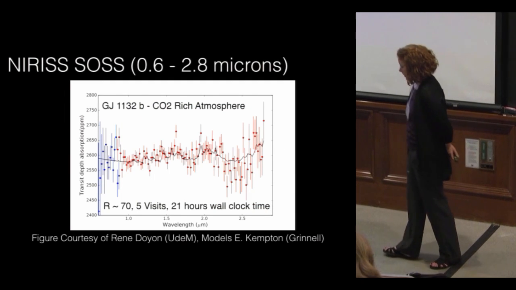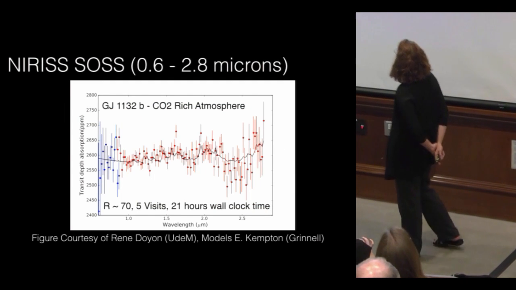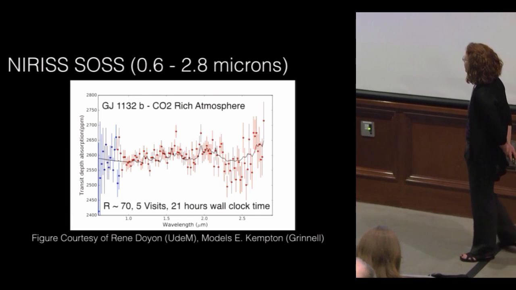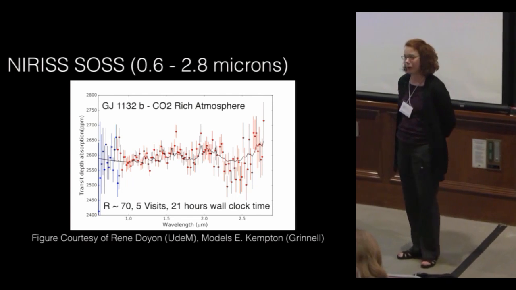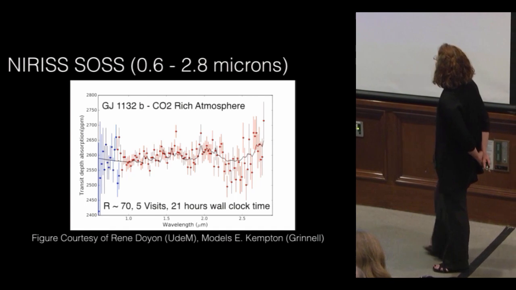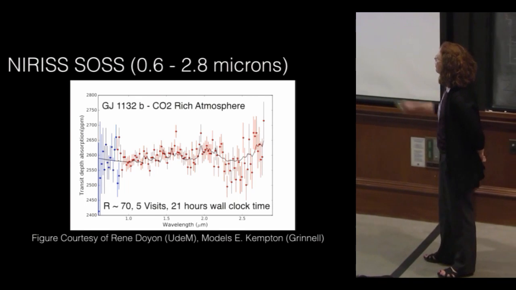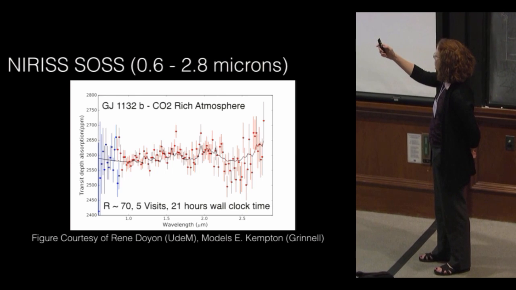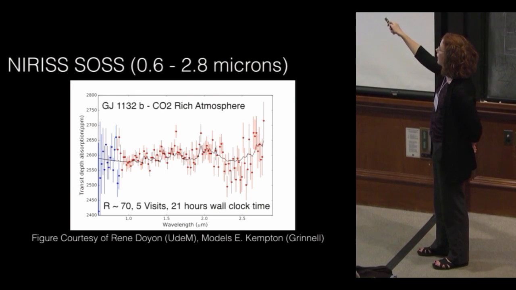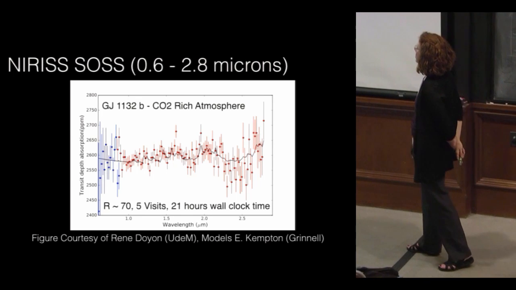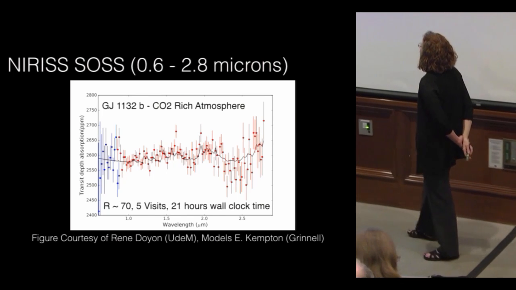So let's start with NIRSpec. This is an instrument, as I said earlier this week, that was purposefully designed to do transit spectroscopy. And here's a simulation of NIRSpec being used to look at GJ 1132b, and we're going to assume that it has a CO2-rich atmosphere, no clouds.